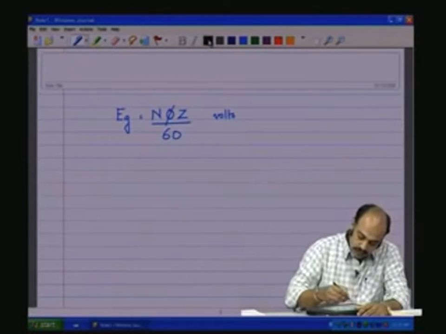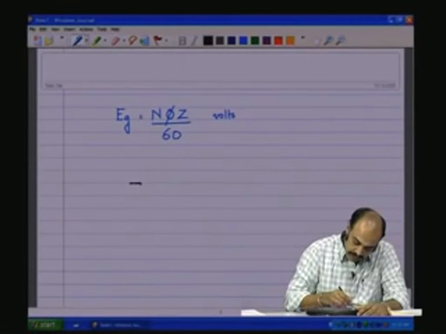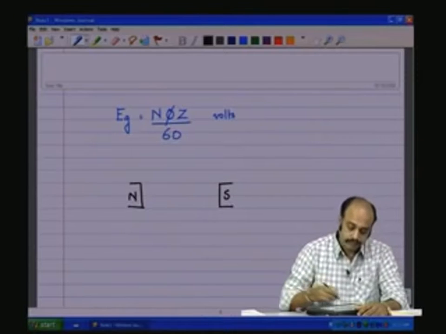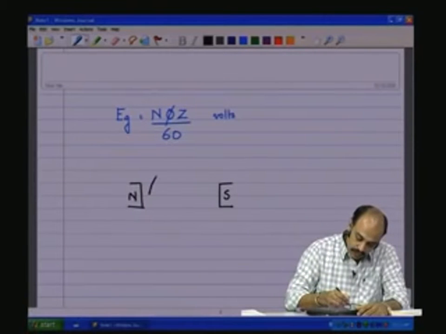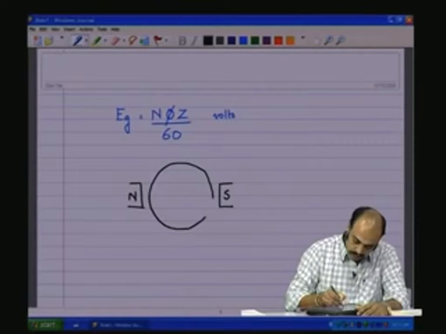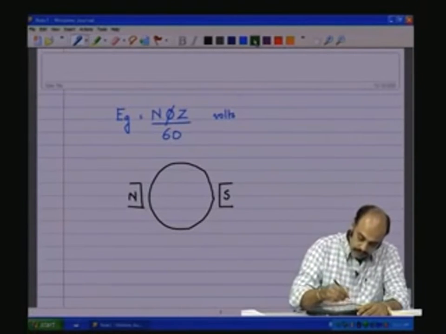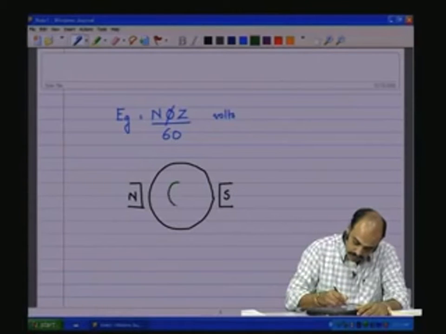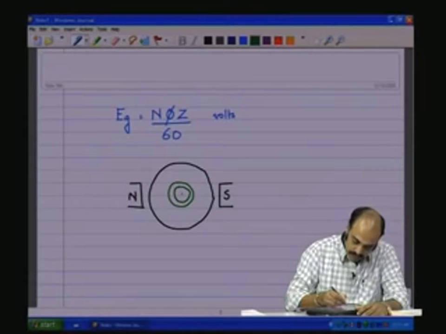Here we have always been assuming that there is just one set of north and south poles, and in between you have the armature, and inside we also draw the segmented commutator.